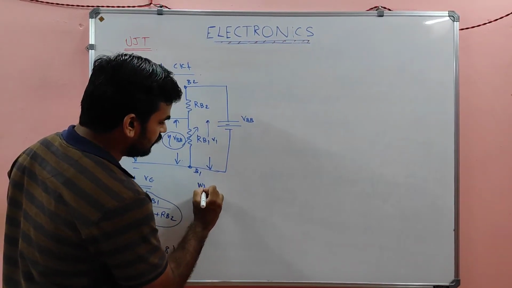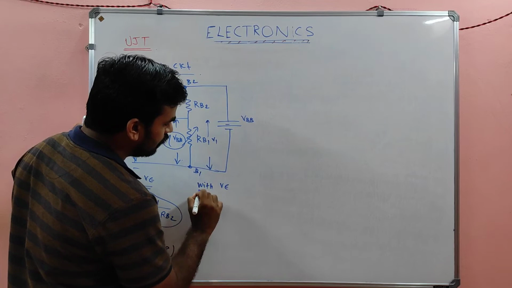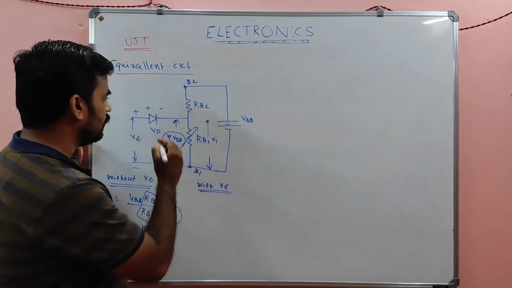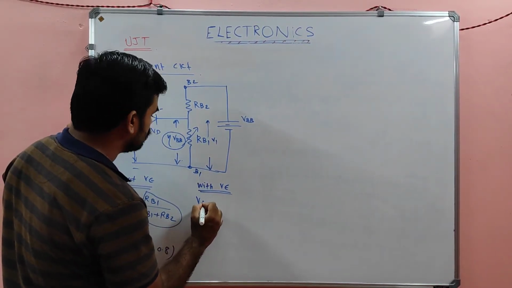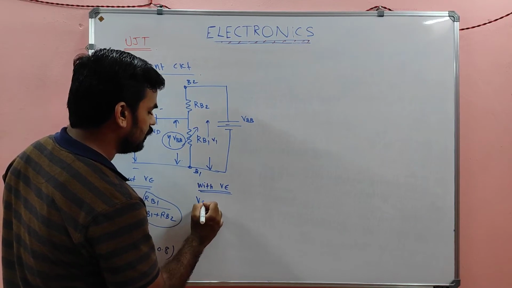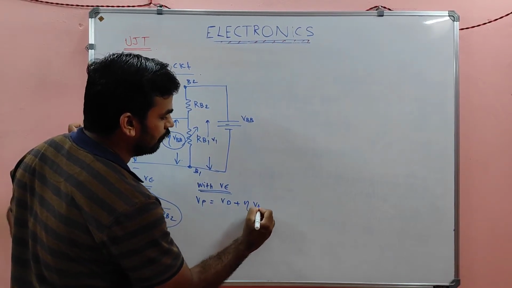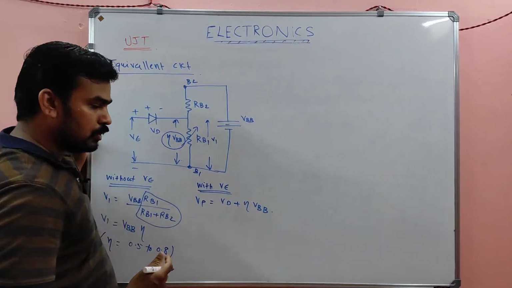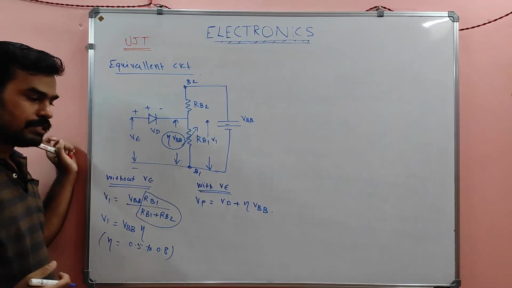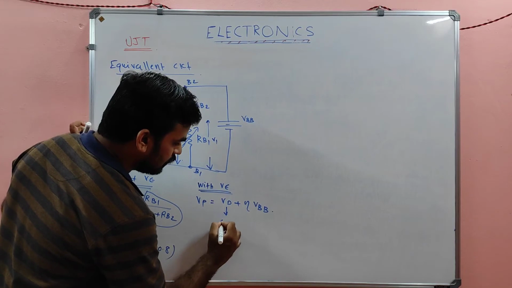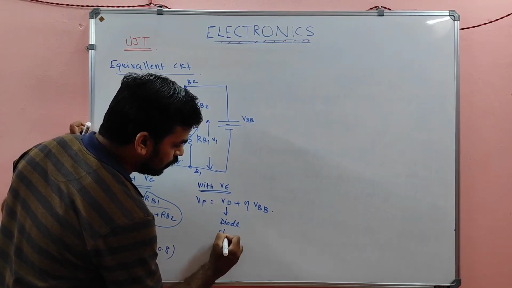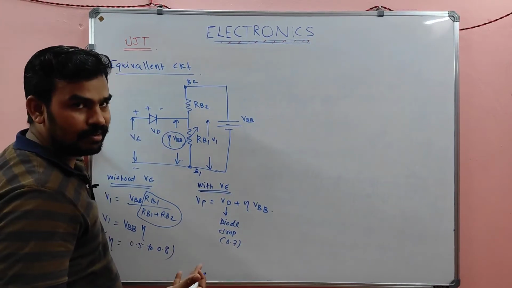Then what happens with VE? With VE, the total voltage, let it be represented by VP, is nothing but VD plus eta VBB. If you are applying a forward biasing voltage here, this is nothing but the diode drop, normally 0.7 volt in silicon material.